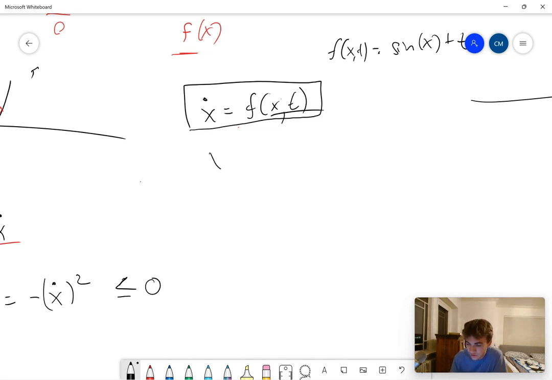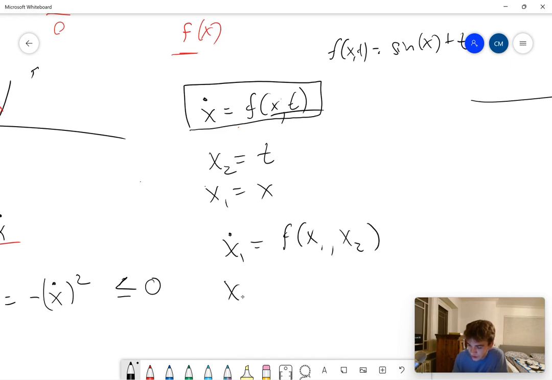So all I'm going to do is set x2 equal to t, and x1 will just be equal to x, as before. So I have x1 dot is now a function of x1 and x2, and x2 dot is just 1. The derivative of t with respect to time is just 1.